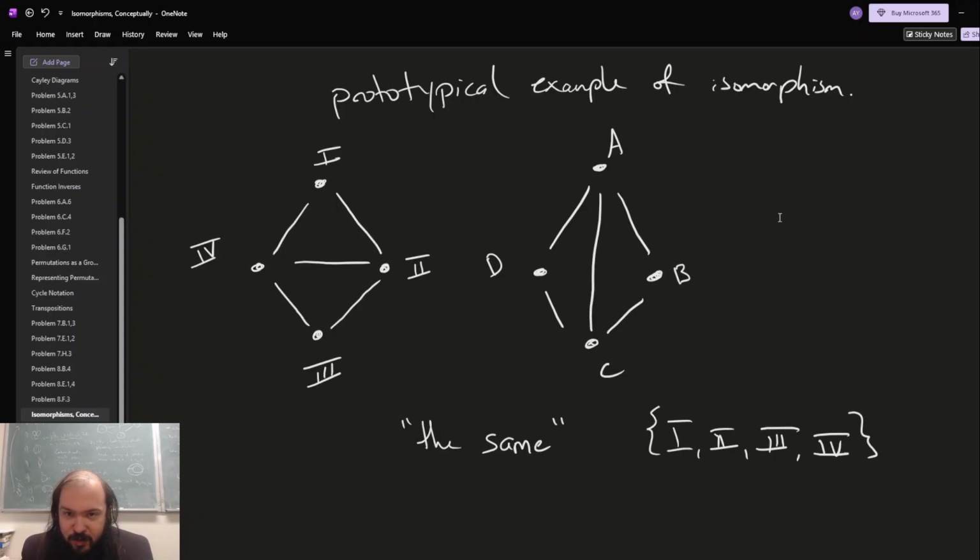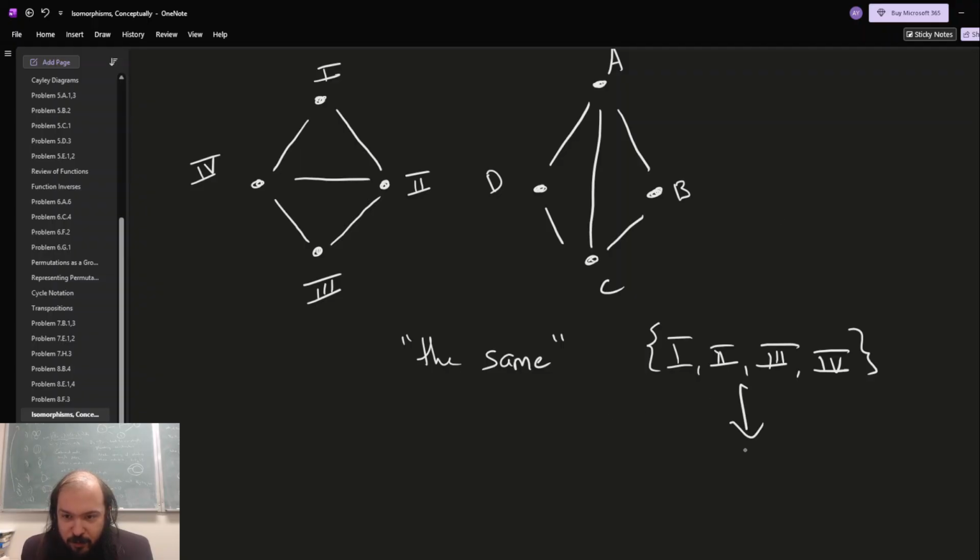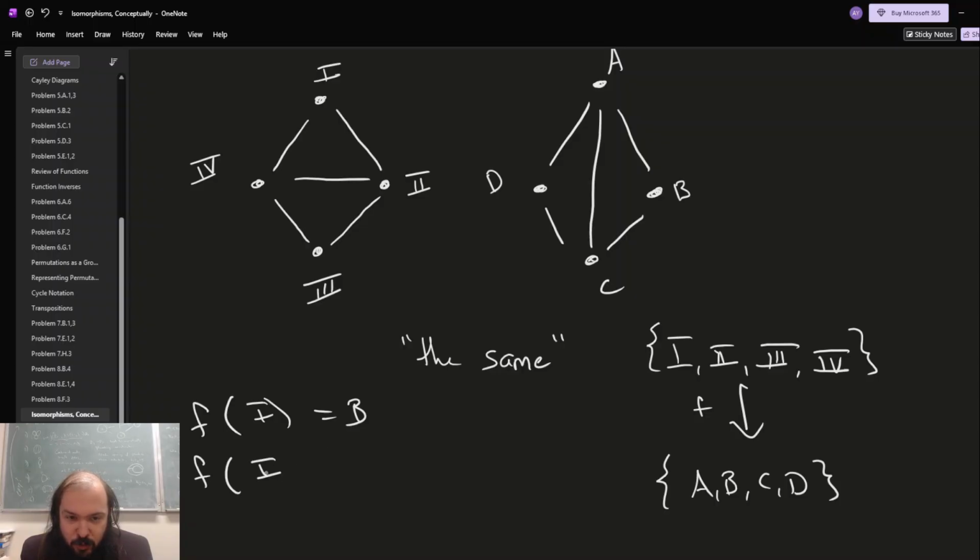to the second graph. I don't want to scroll down too far. I want to be able to see everything. Which shows the relabeling. So maybe the way the relabeling works is we'll call this function f, and then we can say that f of 1 is b, f of 2 is c, f of 3 is d, and f of 4 is a.